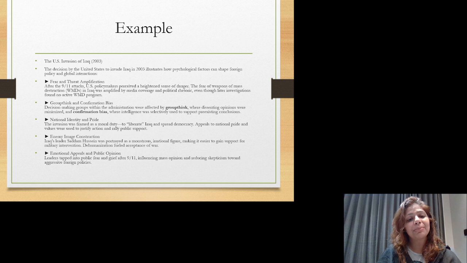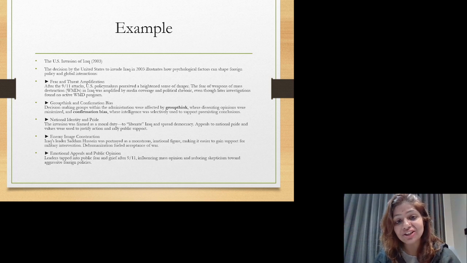Let us just see an example where the US invasion of Iraq in 2003 happened. The decision of the US to invade Iraq illustrates how psychological factors can shape foreign policies and global interactions.